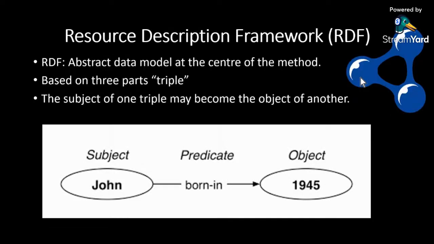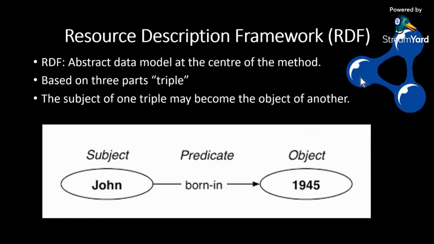So the next technology that I have mentioned is the Resource Description Framework, or RDF. And as I'm saying, the RDF is the abstract data model at the center of the method. So it's the model that linked open data uses to model information, to model data. It's based on this triple, these three parts that are connected among them.